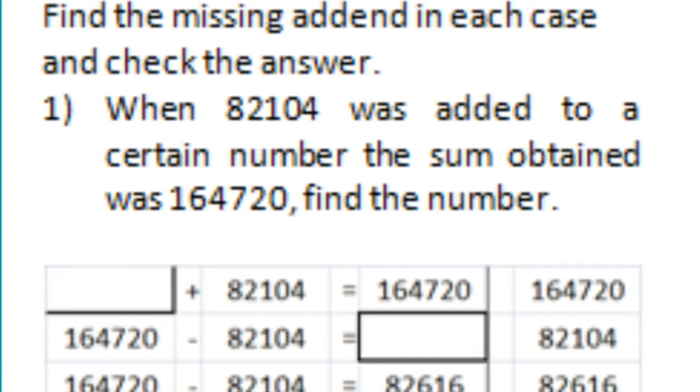Okay. When we check, we have to subtract the addend from the sum. You see on the right side, 1,64,720 minus 82,104. So the answer is 82,616. Okay, this is checked.